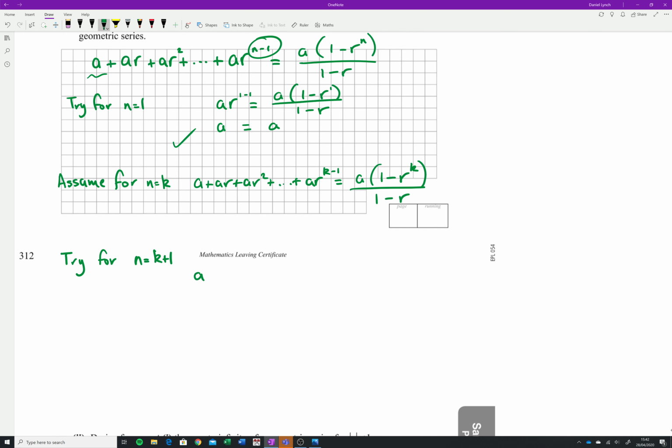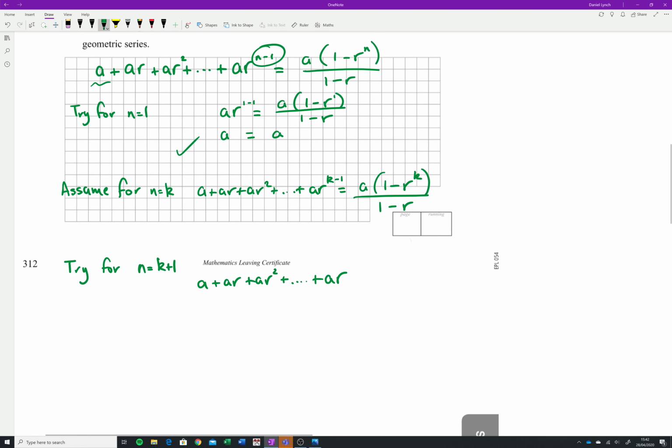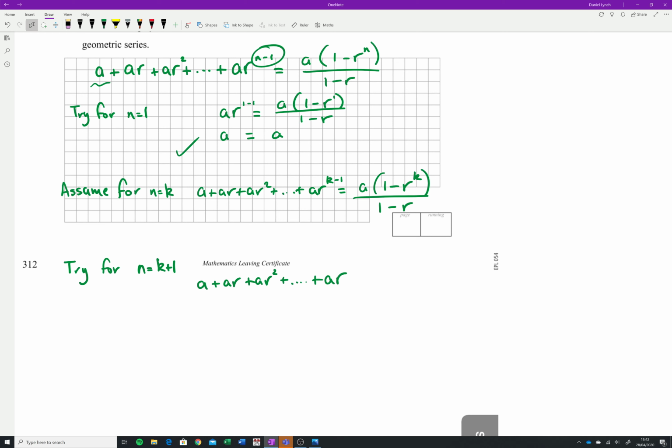So that would just mean that a plus ar plus ar squared plus, we'll do our dot dot dot there, ar to the power of, now in this case n is going to become k plus 1. So remember, we're placing n equals k plus 1 into that thing. So it's going to be k plus 1 minus 1.